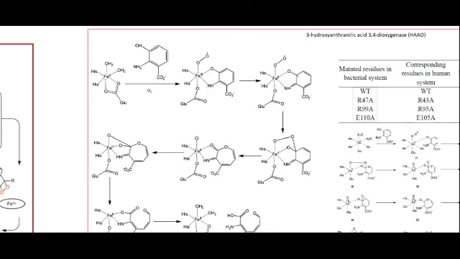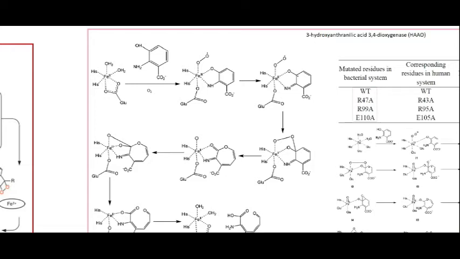In this case, we have this iron without a heme. It's being held in by these histidines. We have oxygen and our 3-hydroxyanthranilic acid come into the active site. Just like with the heme, the oxygen binds onto the iron, but in this case we have this radical going on where our substrate is coordinating with this iron.